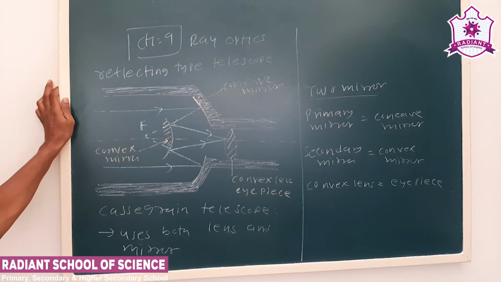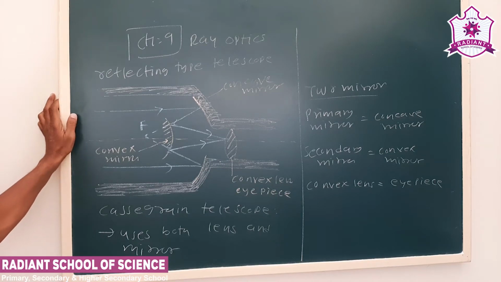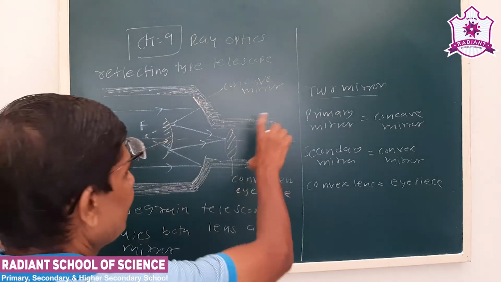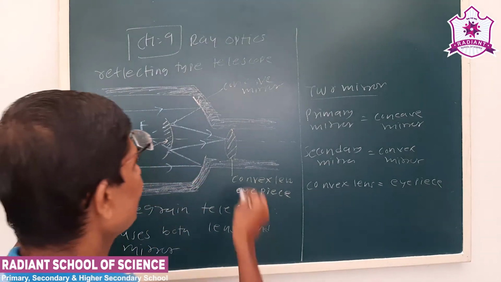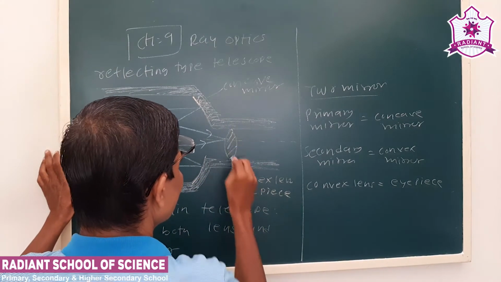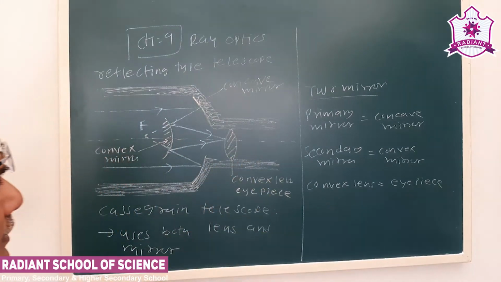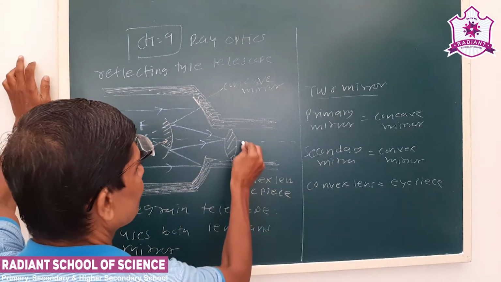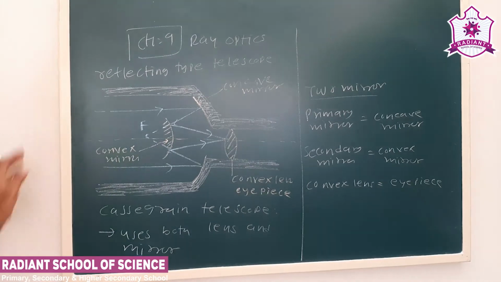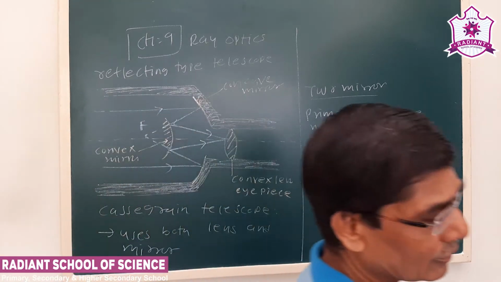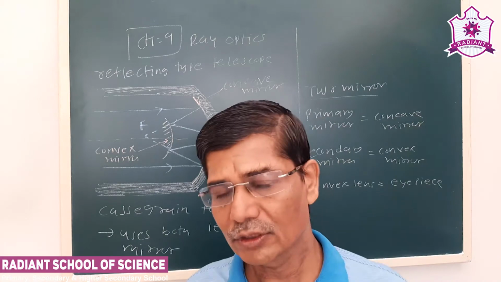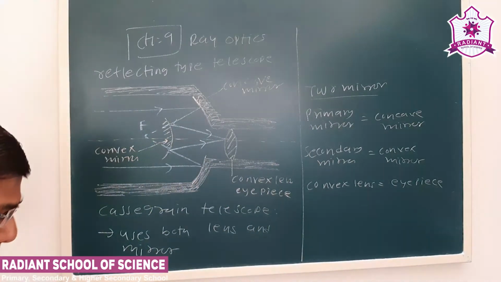A convex mirror is a diverging mirror, so the rays will be separated. But to concentrate these rays, we use an eyepiece, that is a convex lens. And here this is the eyepiece where the image is formed. So this is about a reflecting type telescope. Unlike refracting telescope which uses only lenses, it uses a combination of mirror and lens.